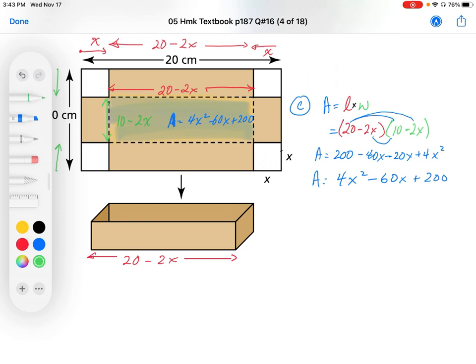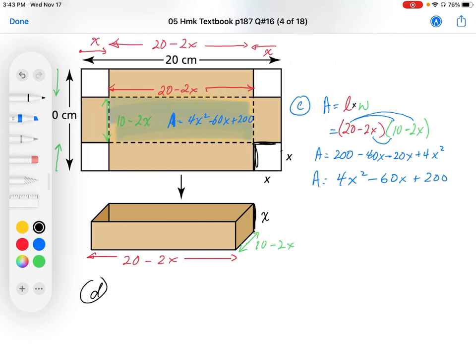The width is going to be this 10 minus 2x, and that's going to be this length here. And then the height is going to be the x that we had that was cut out of the corner. So this length here and this length here is x, and that's going to match this edge here.